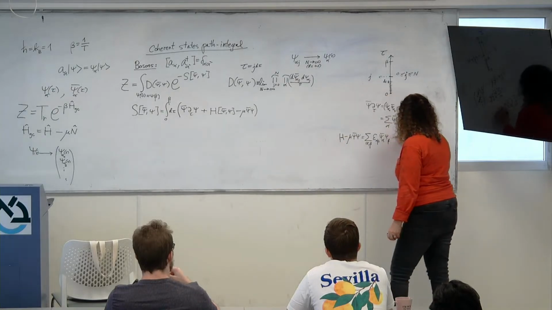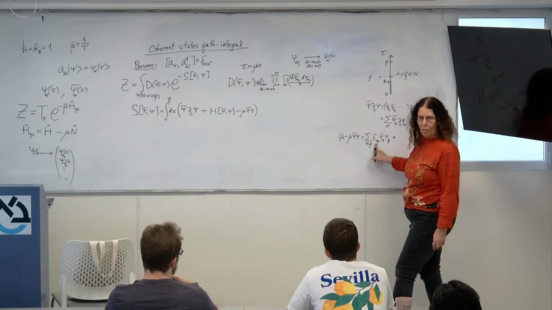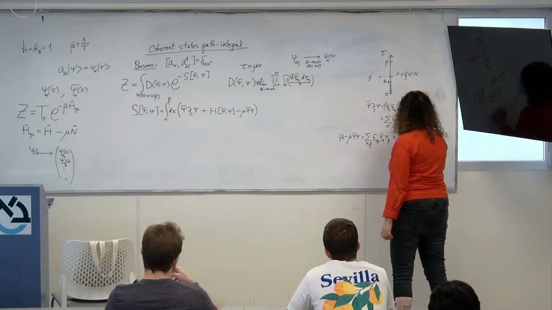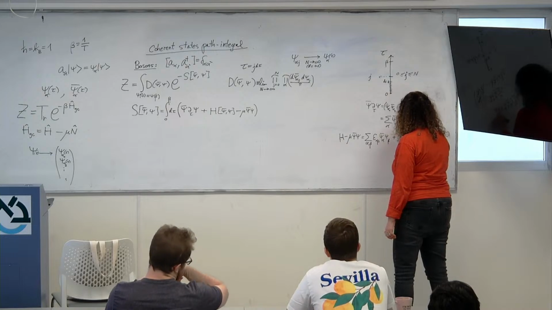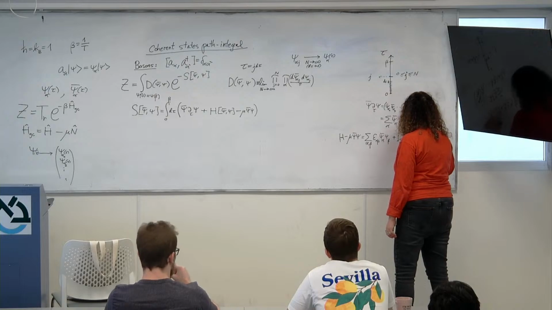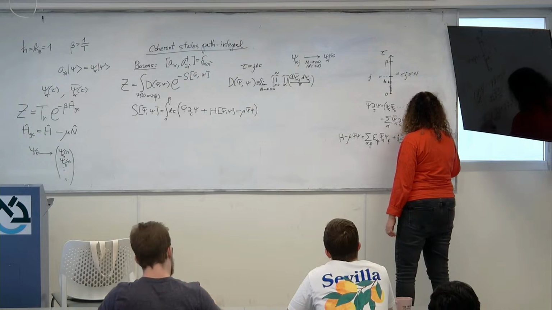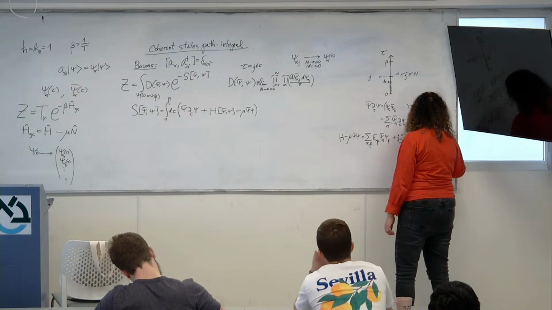And this is the single body in an arbitrary basis, okay? And here we have an interaction term that is the sum over 4 indices, V alpha beta gamma delta, psi bar alpha, psi bar beta, psi gamma, psi delta.